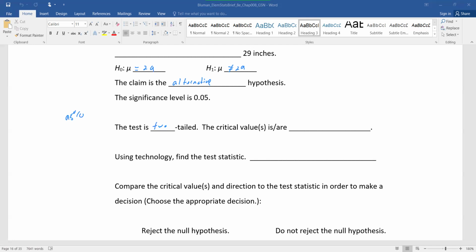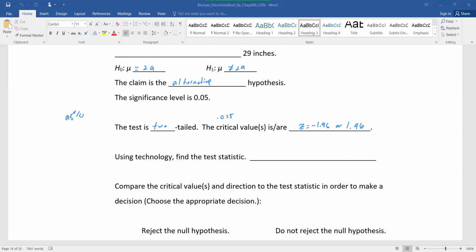That would be 1.96. If you forgot that, you can take the 0.05, divide it by 2, and you get 0.025. Look at your Z chart, and you should get the values of negative 1.96 or positive 1.96.